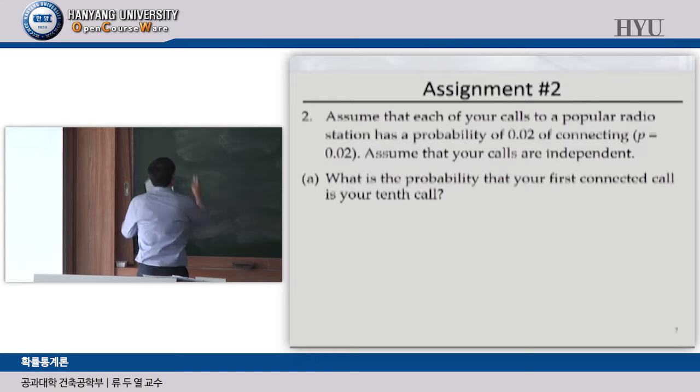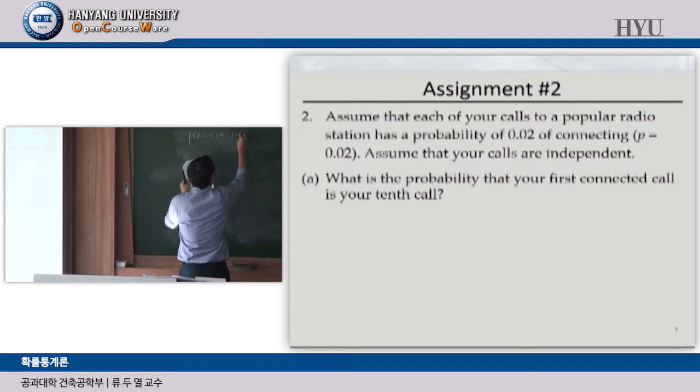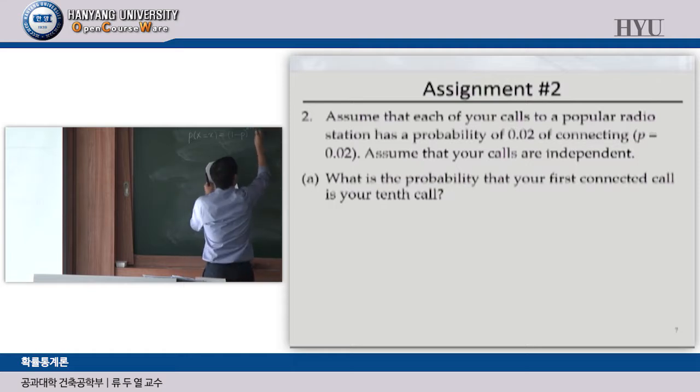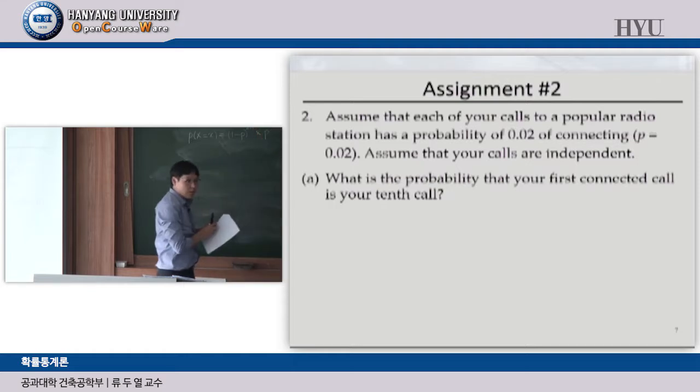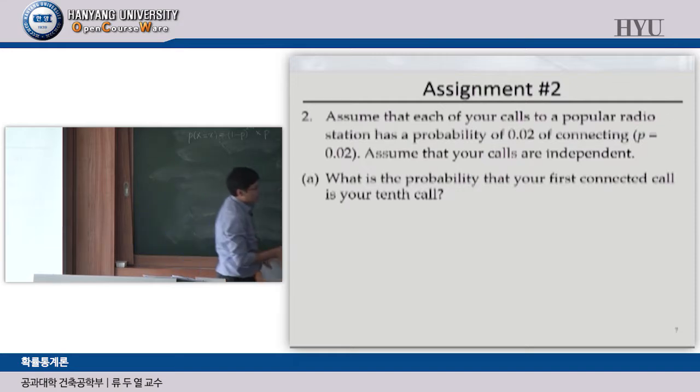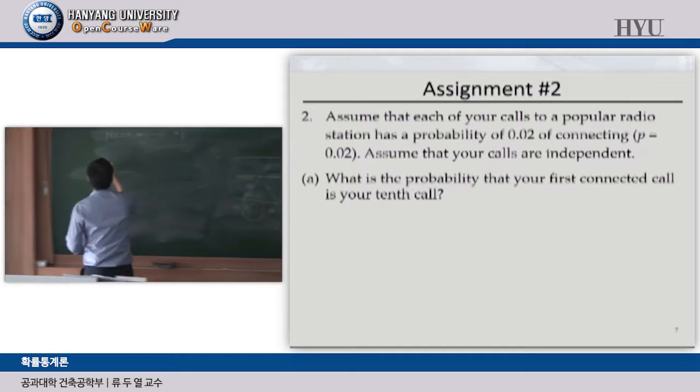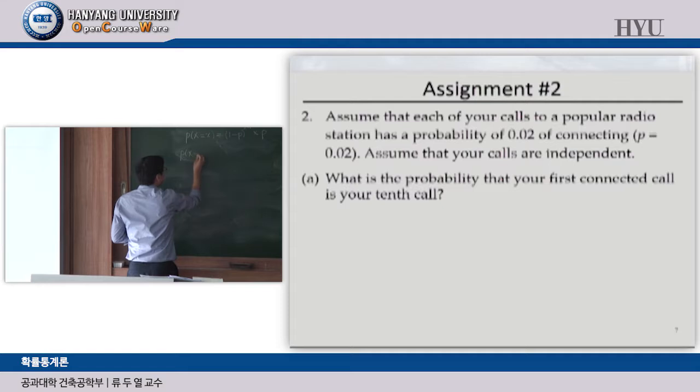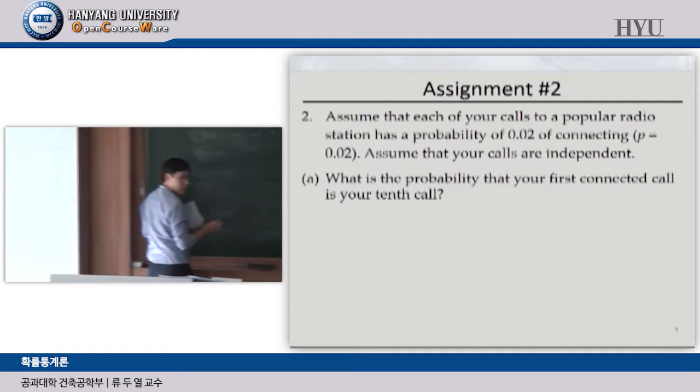So for the case of the geometric random variable, the probability of x when x is equal to small x can be 1 minus p to x minus 1's power multiplied by p. This is the equation for the geometric random variable. And in this case, we have to find out the probability that our first connected call is our 10th call. That means the probability of x is equal to 10, right?